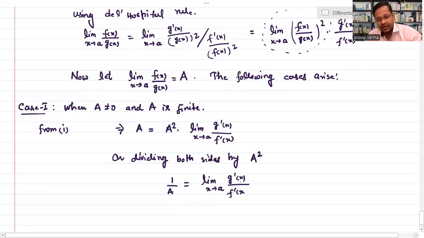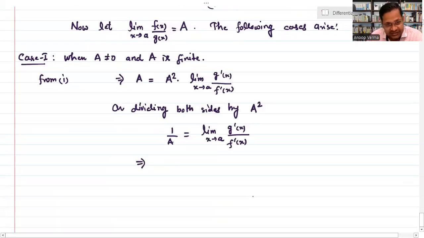Okay, you have this. Because 1 upon a is this, then a will be what? a is just equal to the limit, taking the reciprocal of it, of f dash of x divided by g dash of x. So what was the a? Limit of fx upon gx, right, that's what it was.